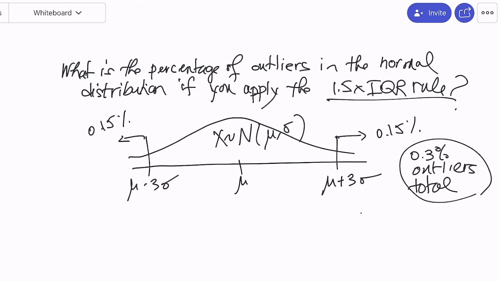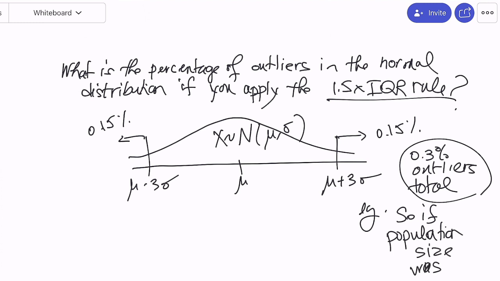So for instance, if the population size, I'm going to use big N, is 10,000, that means how many would be outliers?